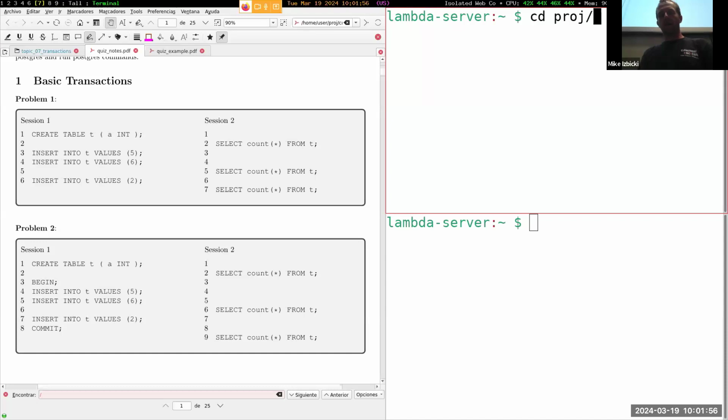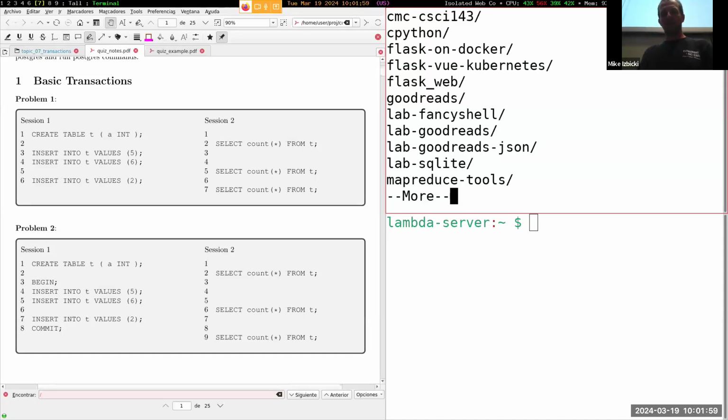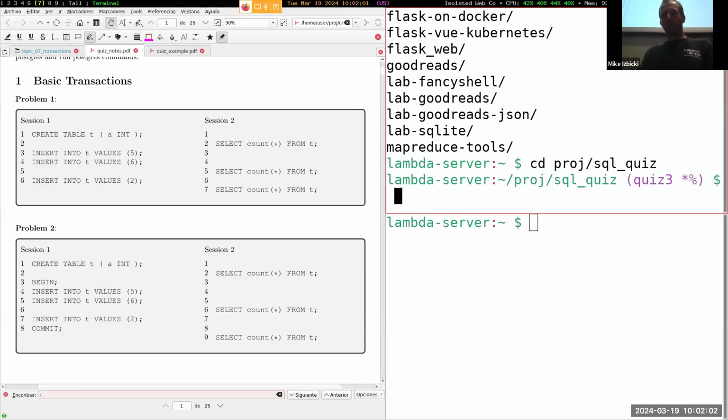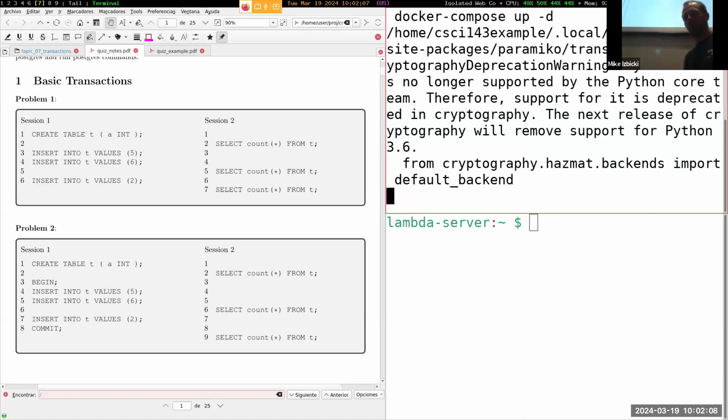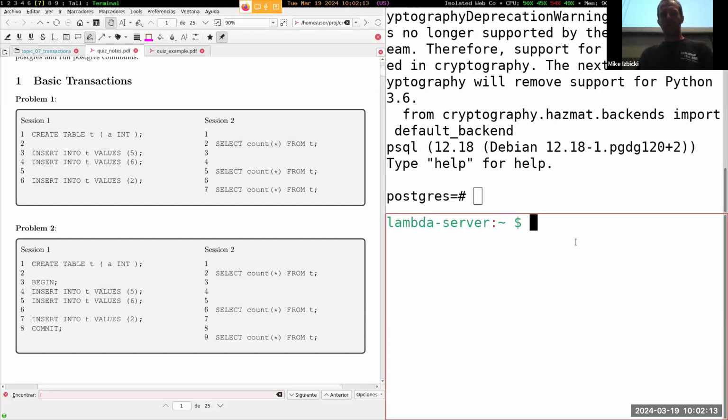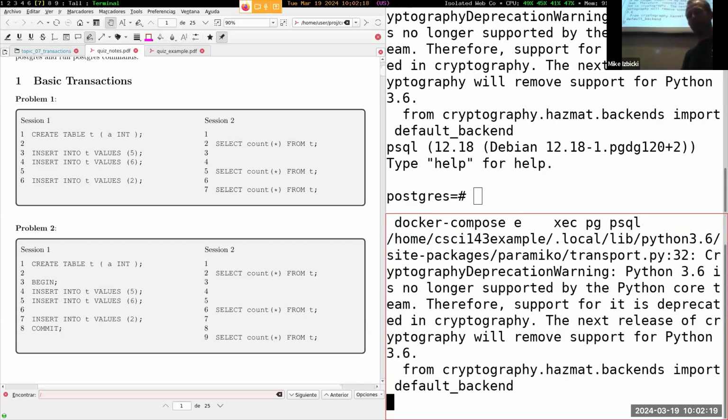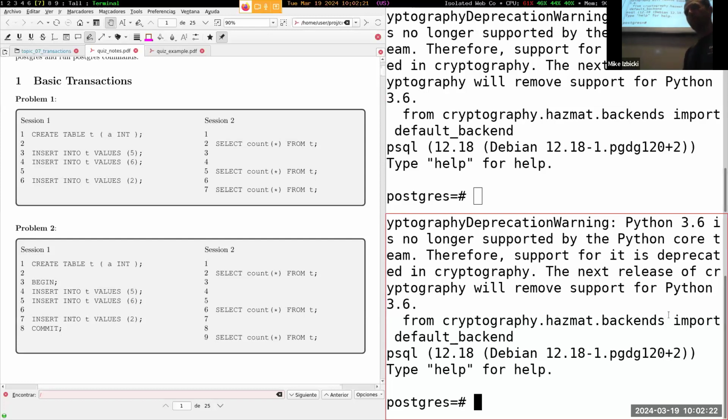So here, I'm going to go into my SQL quiz folder, use docker compose up -d, make sure Docker's running, run our psql command to connect, and same down here, cd into the SQL quiz folder, and connect with psql. It's important that both of these psql instances are connected to the same Postgres database that I ran the Docker Compose in the same folder. But again, it doesn't matter which database you're inside of because we're not going to be using any data from any database.